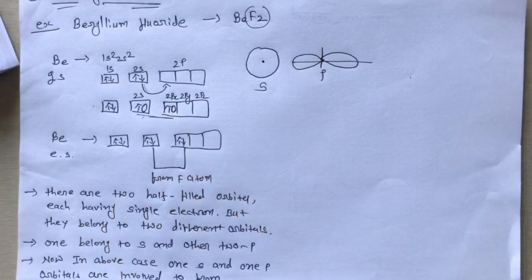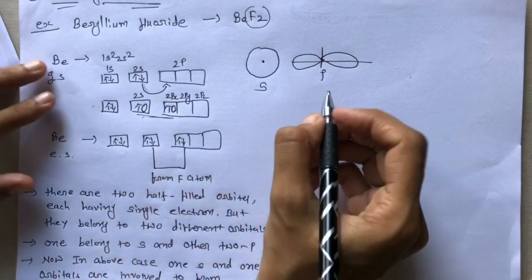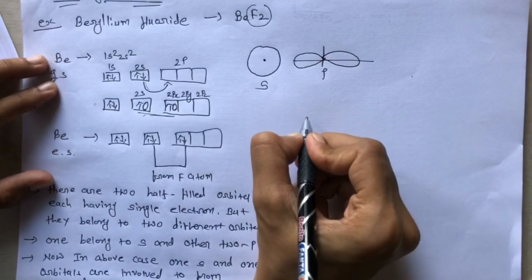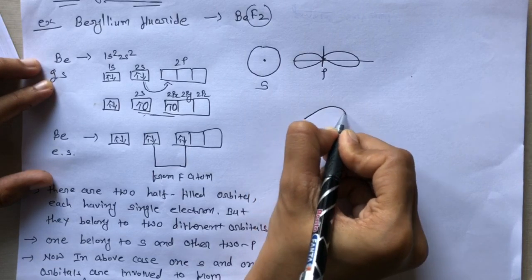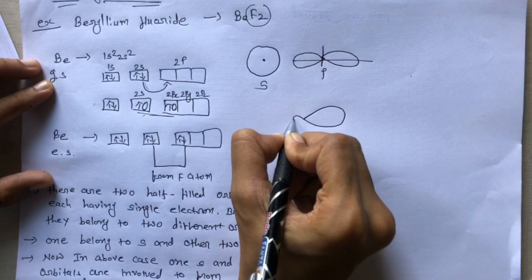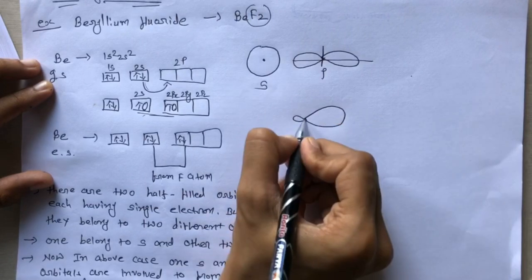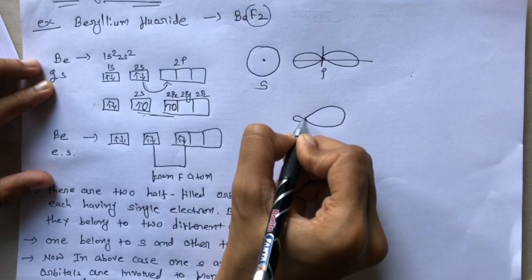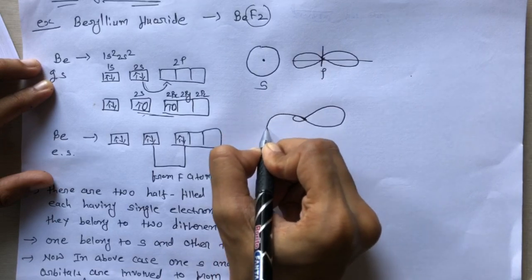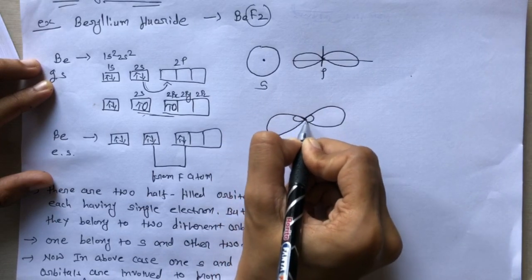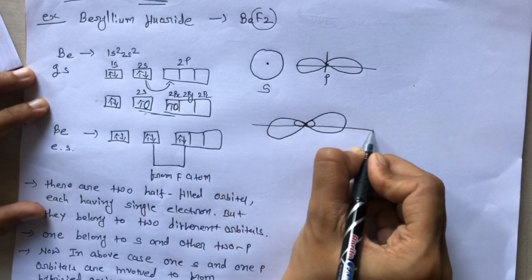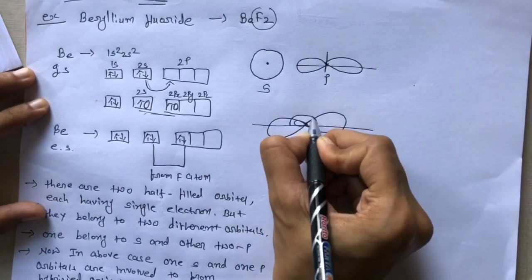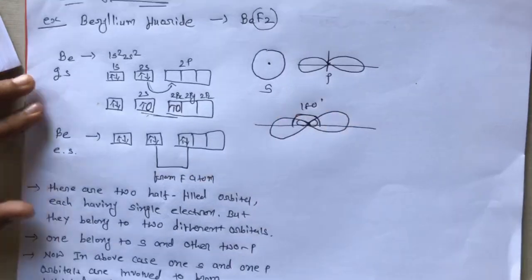We can get it like this, and here also, like this. This is the straight way, and this angle is called 180 degree angle.